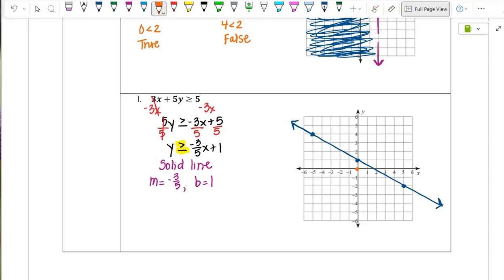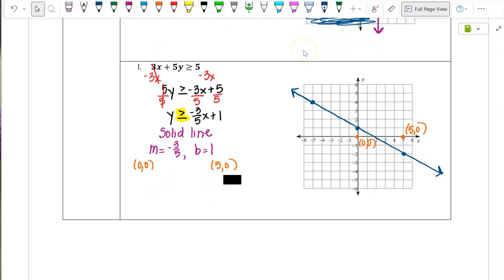On the left side here, my favorite 0, 0 is available. And since my denominator is a 5, on the other side, I'm going to go with 5, 0. So I'm testing 0, 0 and 5, 0 to see which one is going to give me a true statement.